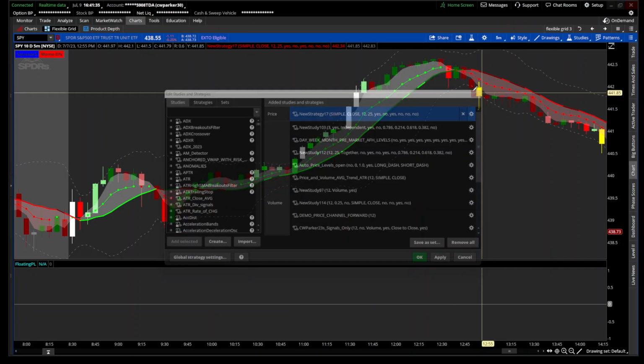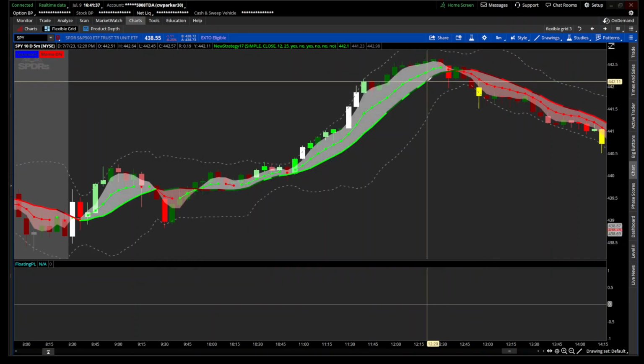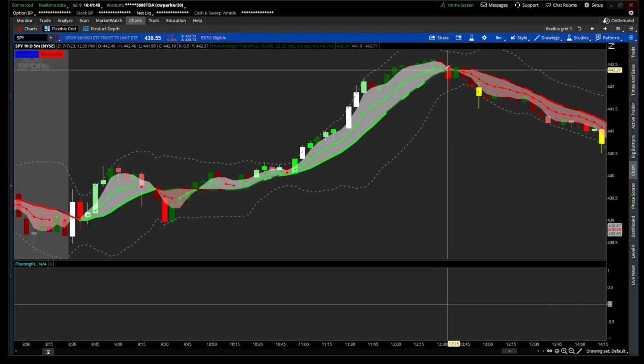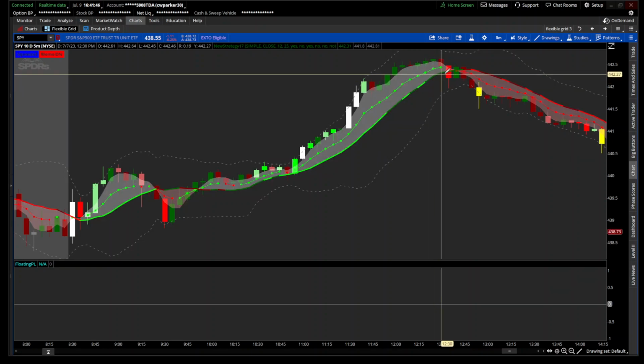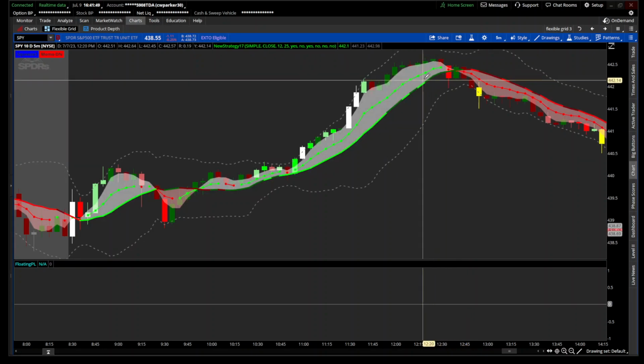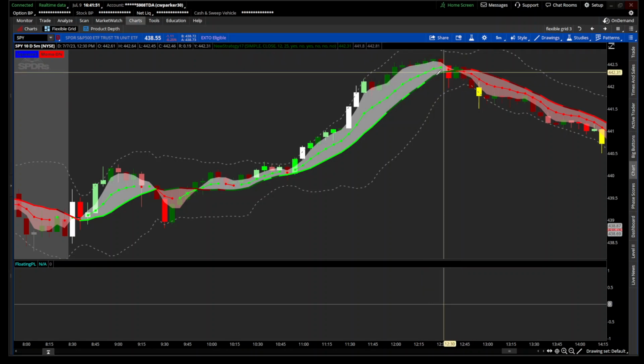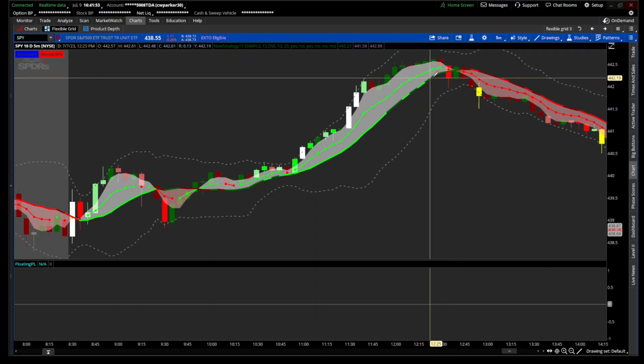You can look over here and see where price and volume started decreasing. Right here, price on average was increasing, but volume on average was decreasing. That's almost a sign of a reversal where the stock is losing steam.